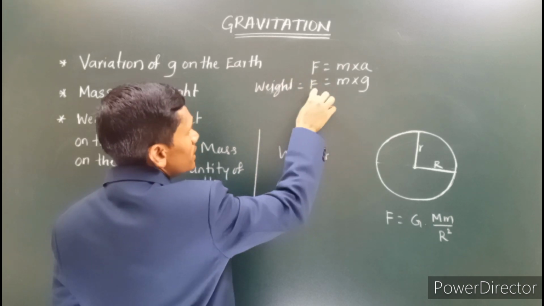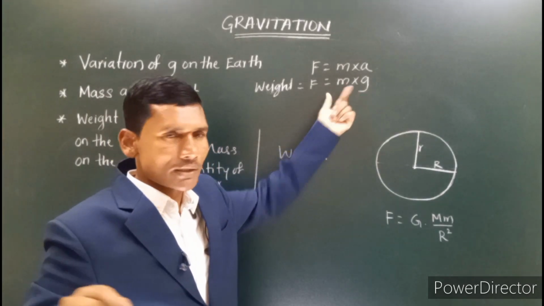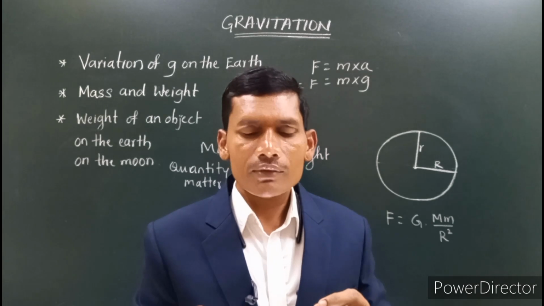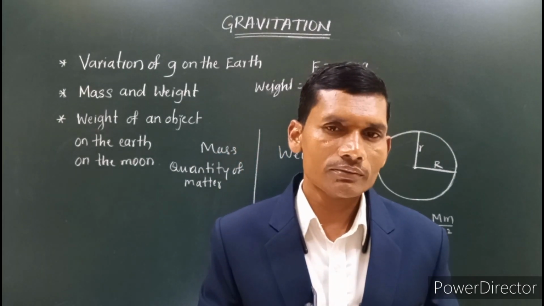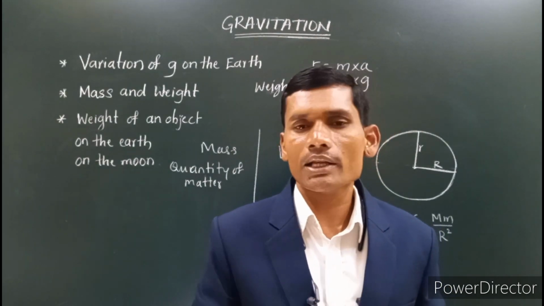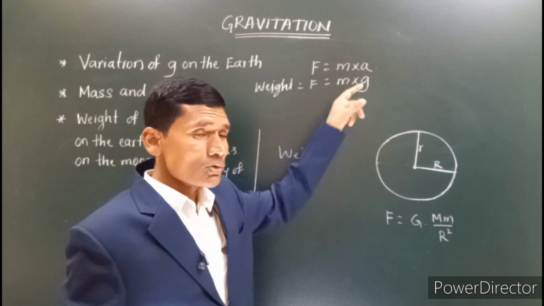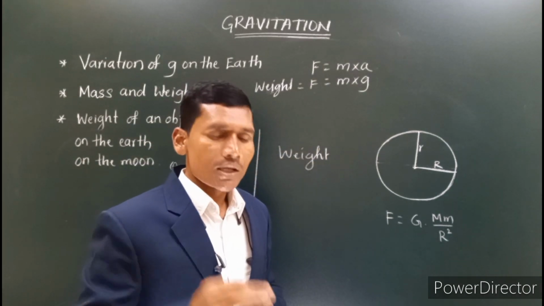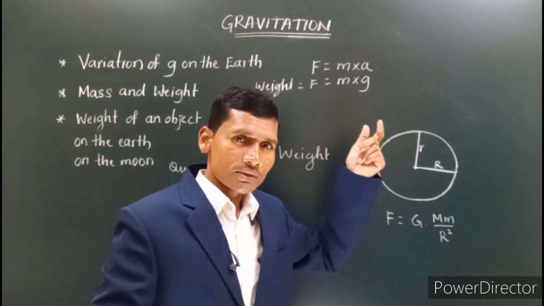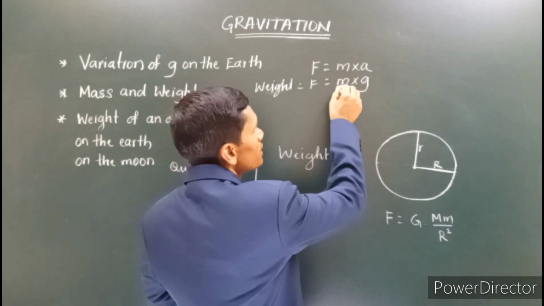See, weight is nothing but the force. That force is given by mass into acceleration due to gravity. Now you see, this acceleration due to gravity we consider constant. It is not varying from one place to another. Throughout the earth we are considering it to be constant. And since acceleration due to gravity remains constant, the weight, or this force acting on our body which is pulling towards the earth, depends entirely on the mass of the object.